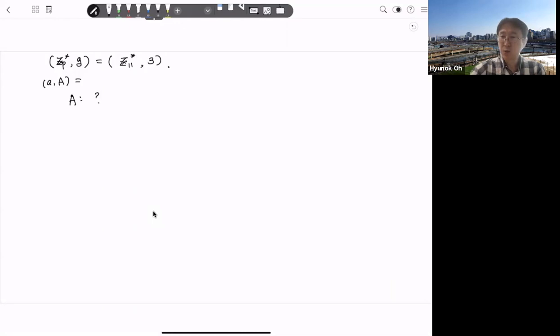But don't say the small a. You have to hide the small a, okay? Just tell me the large A only. After computing small a and large A, just let me know the large A only.